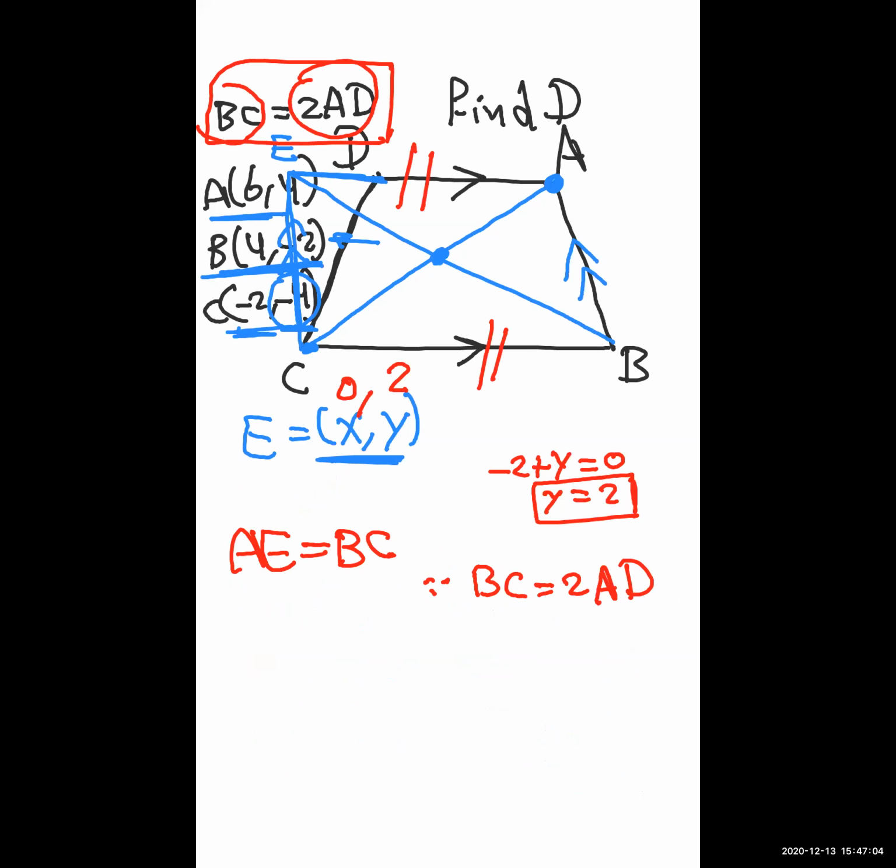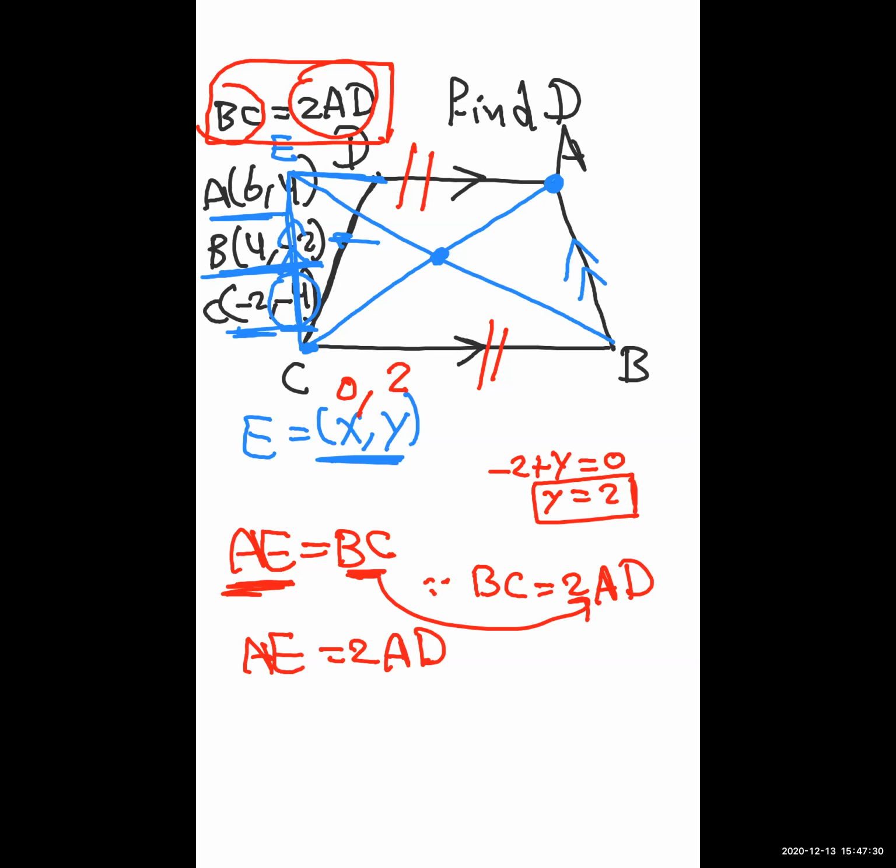So this means, guys, AE will equal BC, which is 2AD. Okay, are we clear till now? Yes. Great. So AE will equal twice AD.